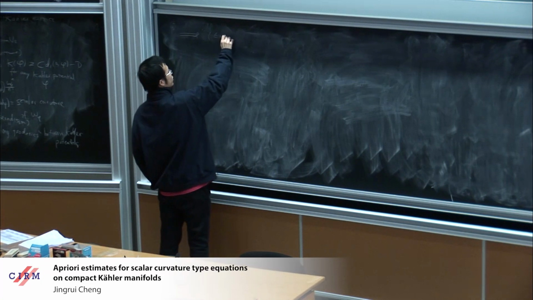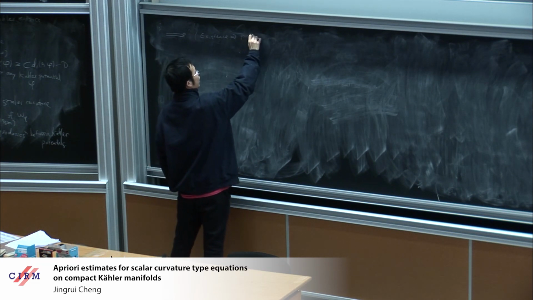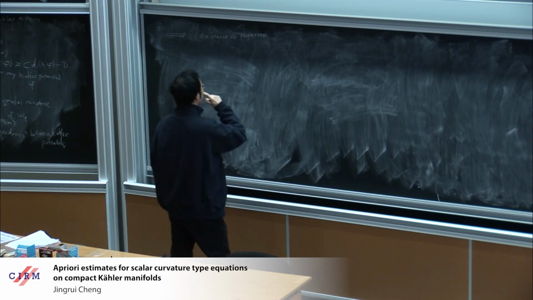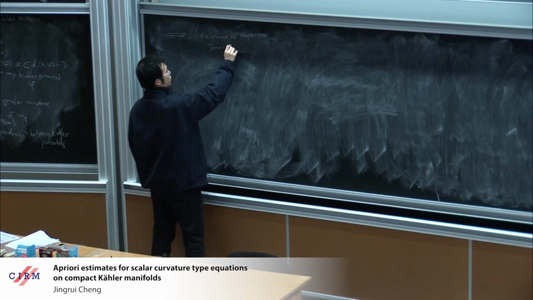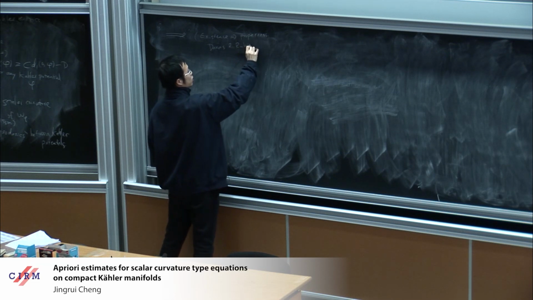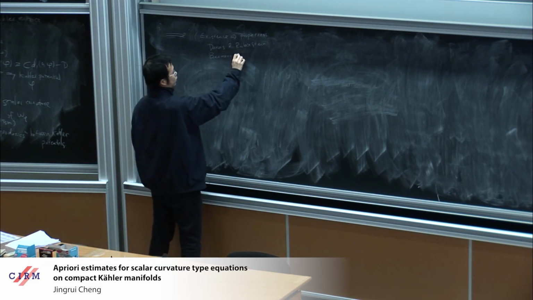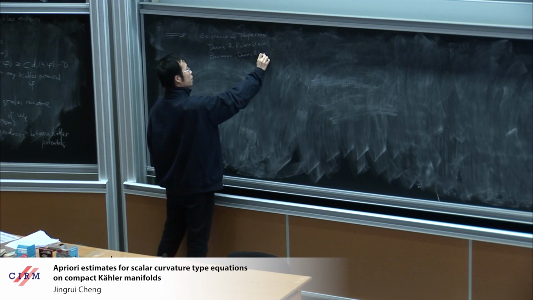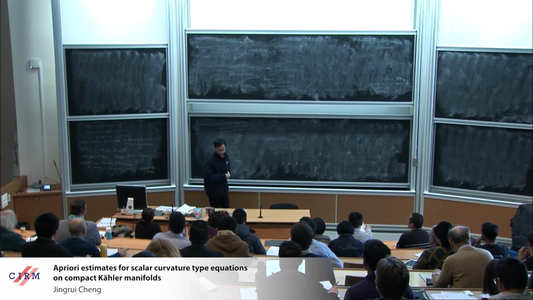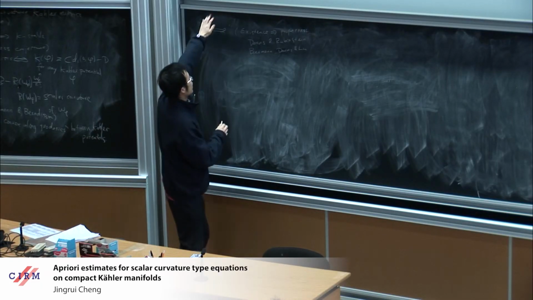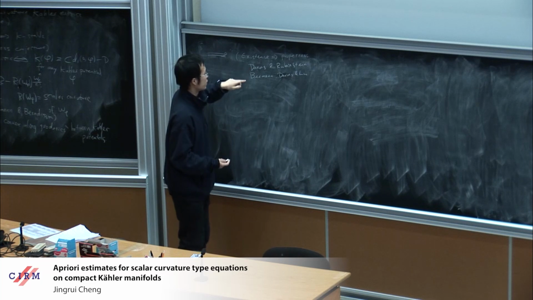Existence implies properness has been proved by a series of works by Darvas and Rubinstein, and Berman, Darvas, and Lu.